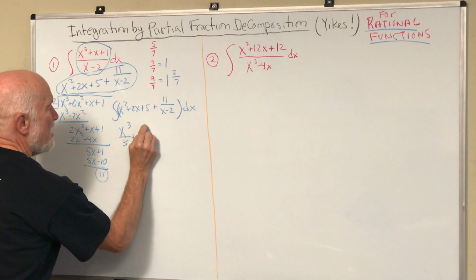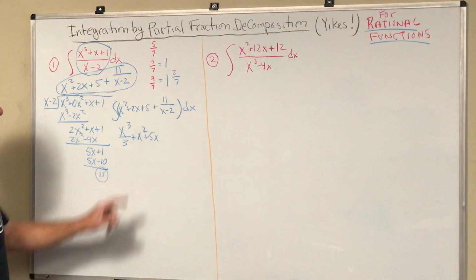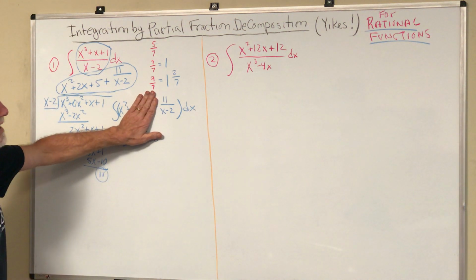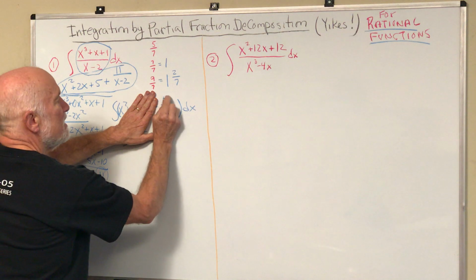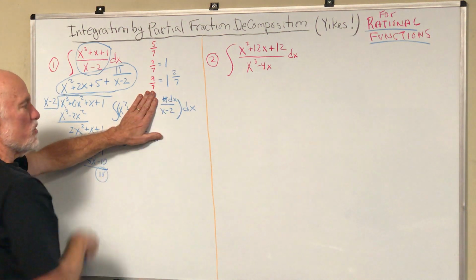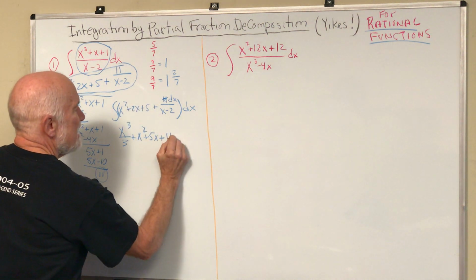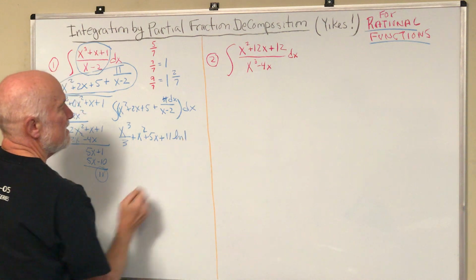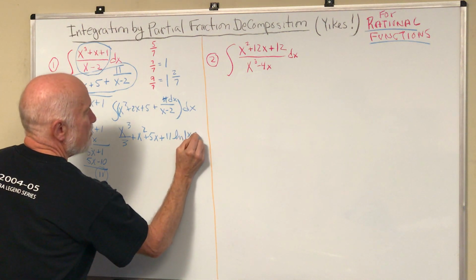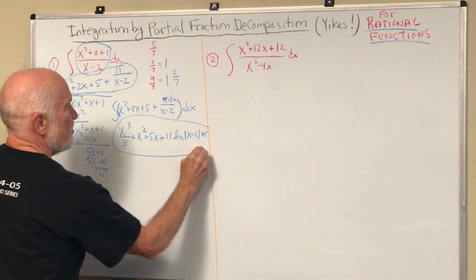Then you get x squared plus 5x. And then this last one, if we put a dx right here, it's in the form of du over u, exactly. So we just go plus 11 times the natural log of the absolute value of u. And we've got an answer.